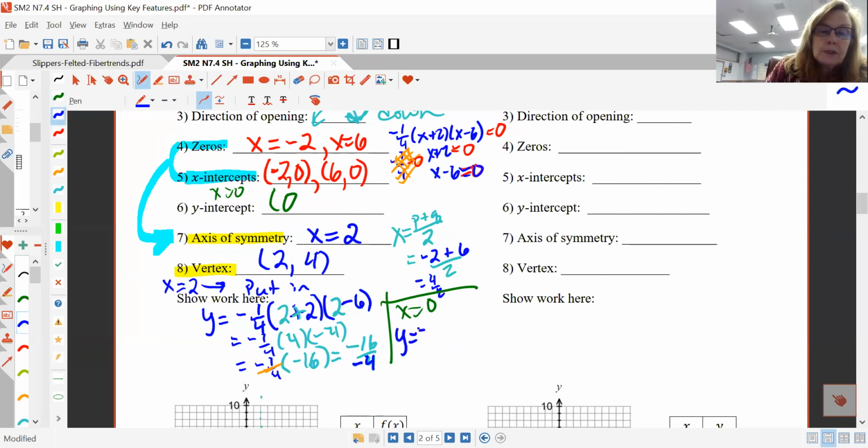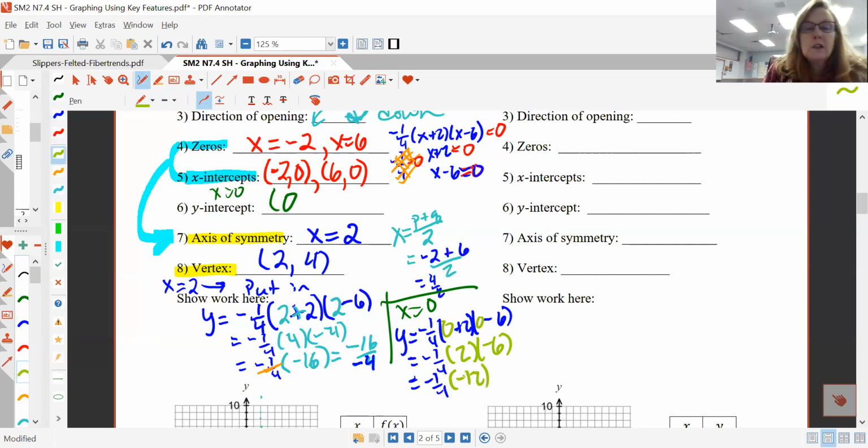So y equals negative 1/4, putting in 0 for everywhere I have an x, equals negative 1/4 times 2 times negative 6, equals negative 1/4 times negative 12. So negative 12 divided by negative 4, and be careful because you don't want to mess up your signs. Negative 12 divided by negative 4 is 3. So my y-intercept is 0, 3.